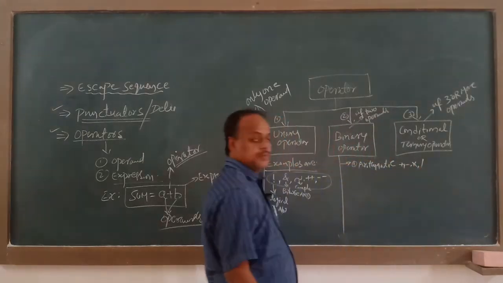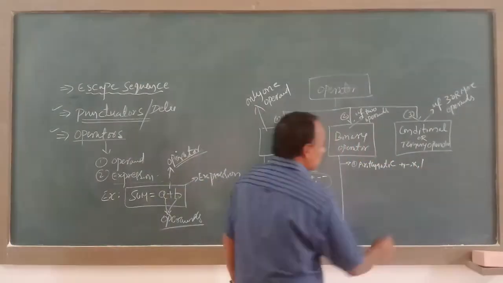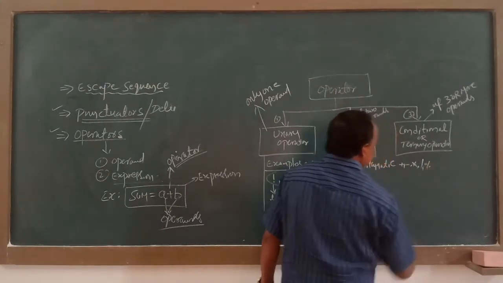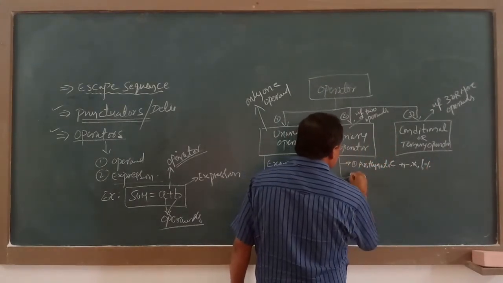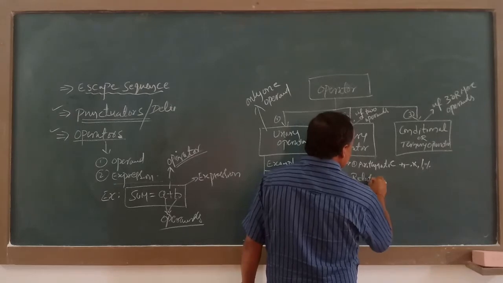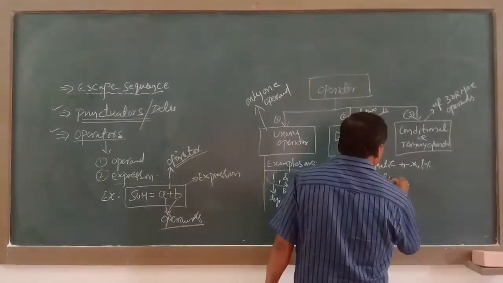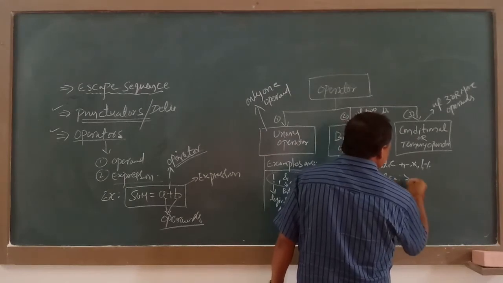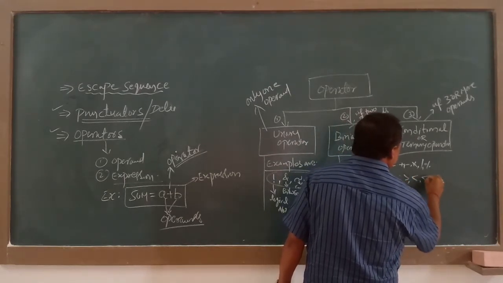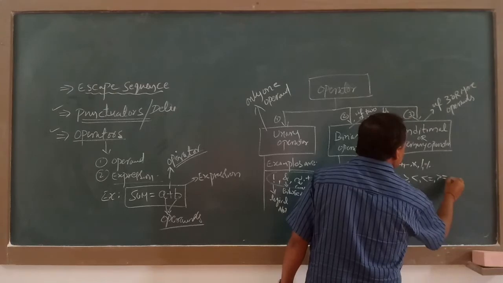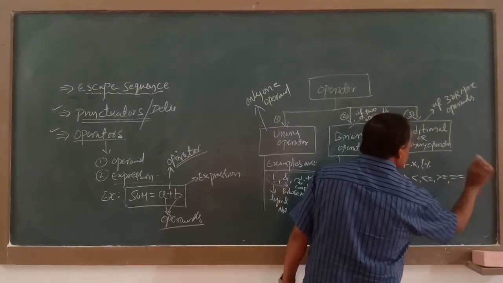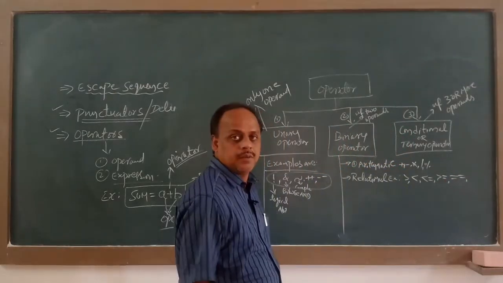These are the arithmetic operators, and the modulus operator. And the next one, relational operator. For example, greater than, less than, greater than or equal to, less than or equal to, etc. These are the relational operators.